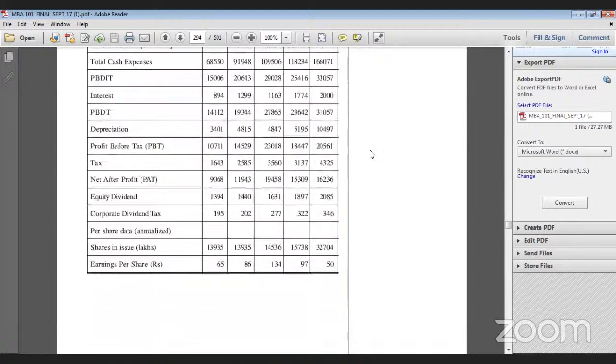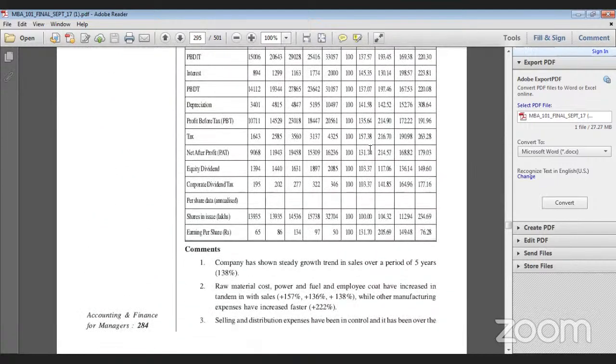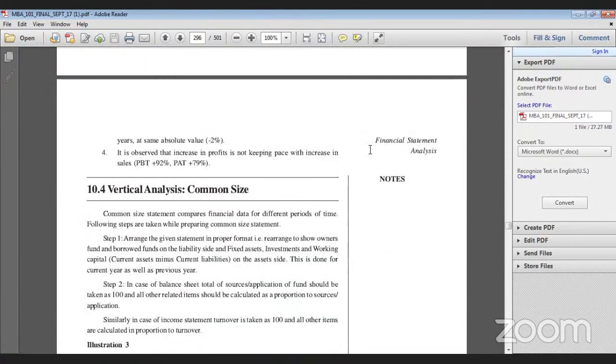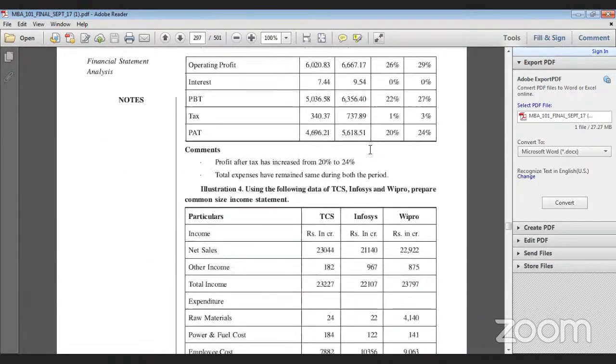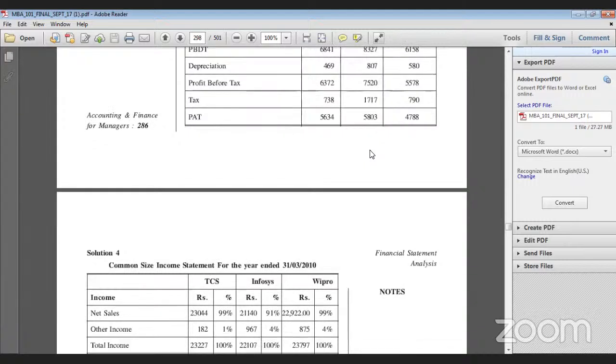They have given various examples. After that, vertical analysis and how to follow the vertical analysis is given here.